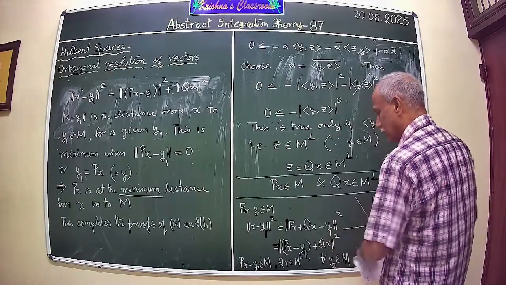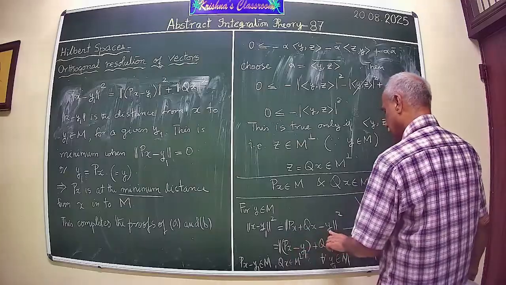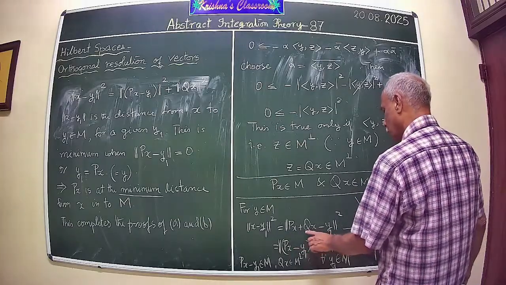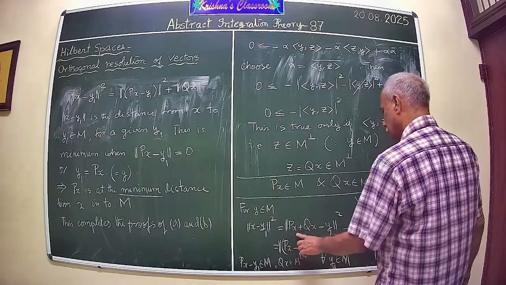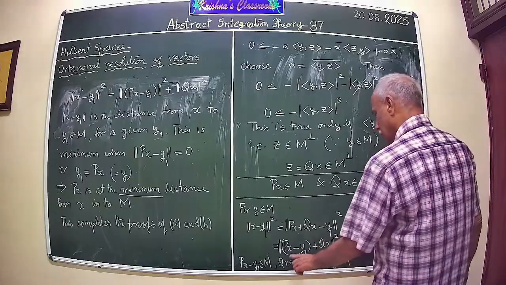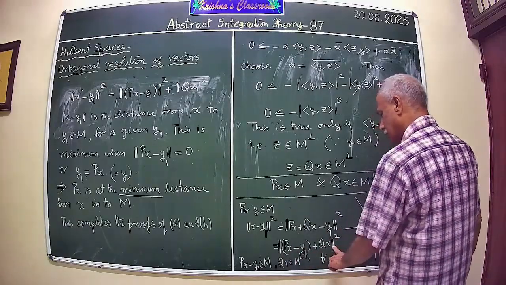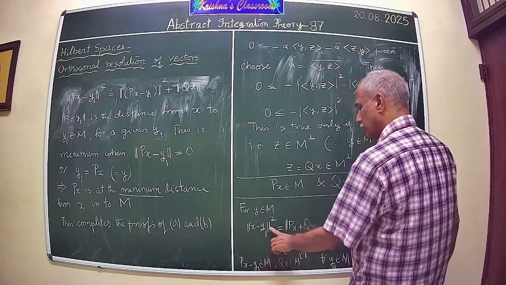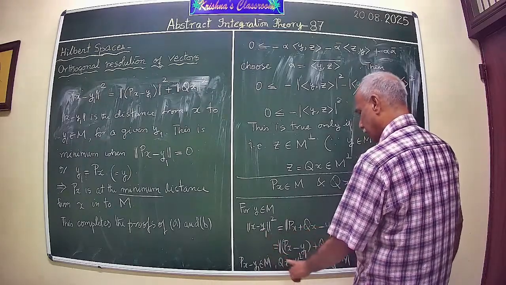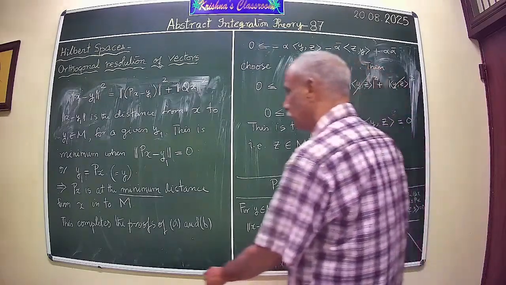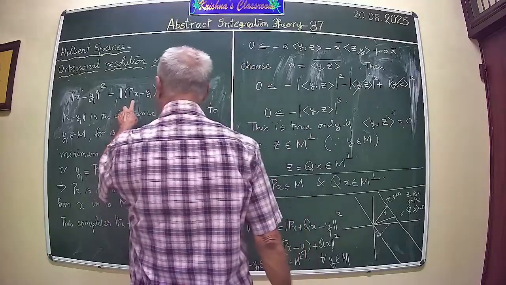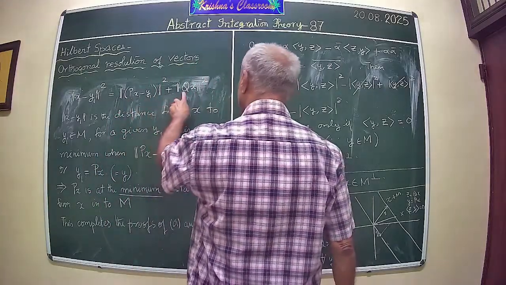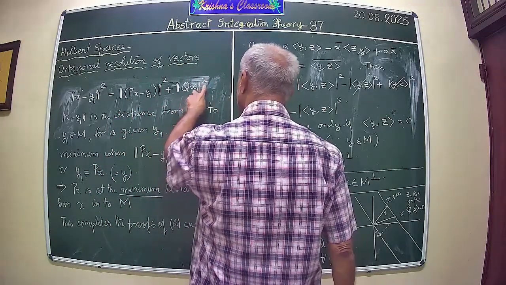You see that Px minus y1 is there and Qx is there. Qx is in M perp, Px minus y1 is in M. Therefore, they are orthogonal to each other, and therefore norm of x minus y1 whole square is equal to norm of Px minus y1 whole square plus norm of Qx whole square.